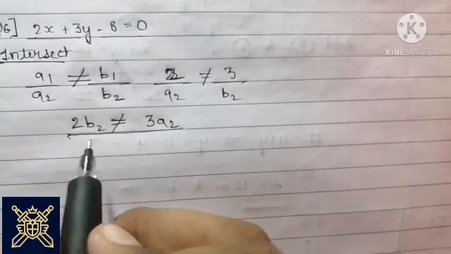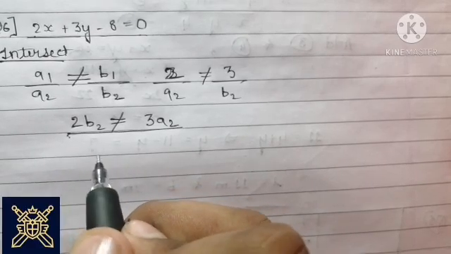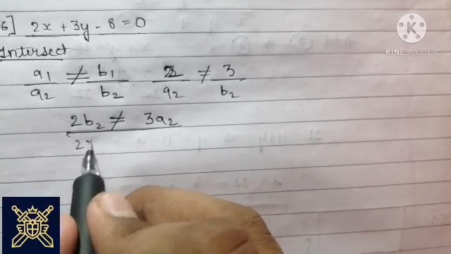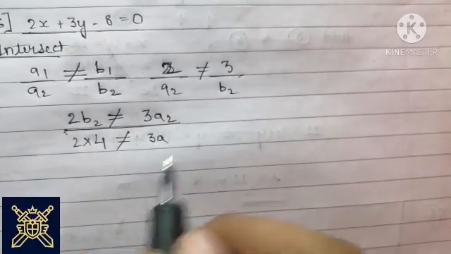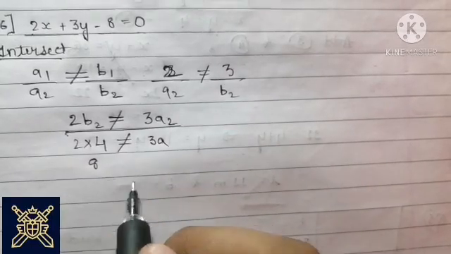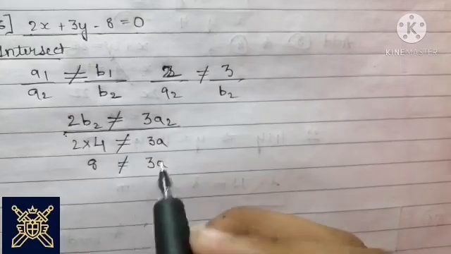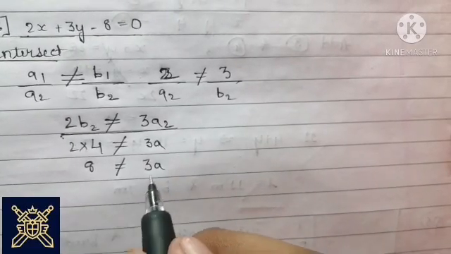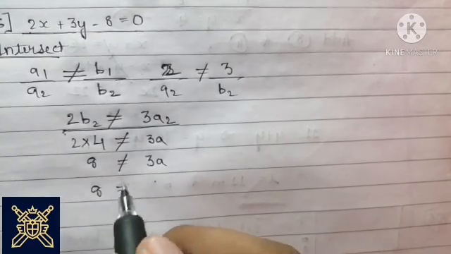Now when we take the value of b2 as any number, say 4, 2 into 4 should not be equal to 3a2. 2 4s are 8, so 8 should not be equal to 3a2. We take some value of a2, let's say 2. So when we take a2 as 2, we get that 8 should not be equal to 6.